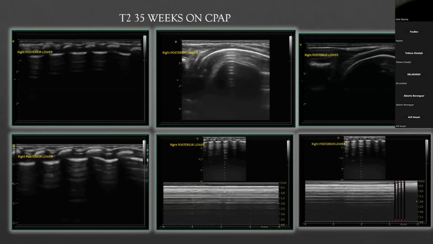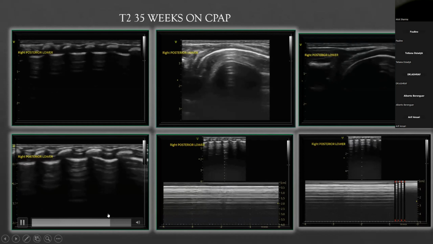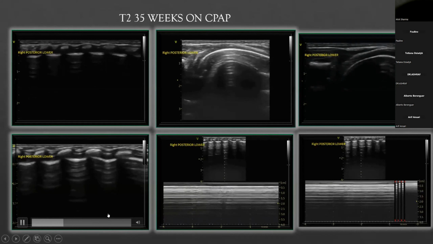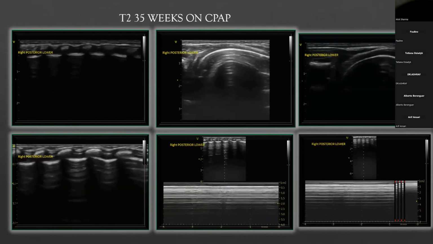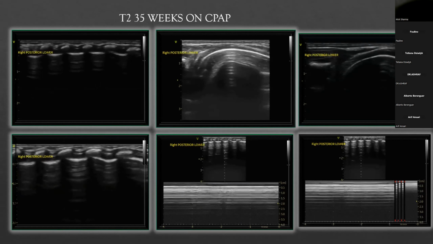But again, these are all images of the same regions. Can you see the image on the left here? There's sliding. There's sliding over here, and the question is whether there's sliding over here or not. With the eye of faith, I think there is, but you're getting a barcode sign. We were just discussing why that might be the case.